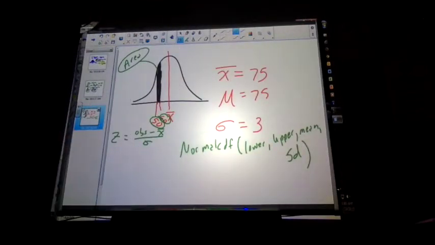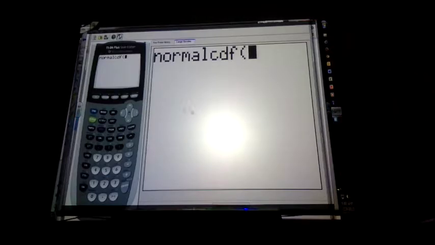Looking at our diagram, what looks to be obvious as our lower bound? 50. You guys okay with that? So on my calculator, what does my upper bound appear to be? 60, so let's plug them in. So I have 50, comma, 60.